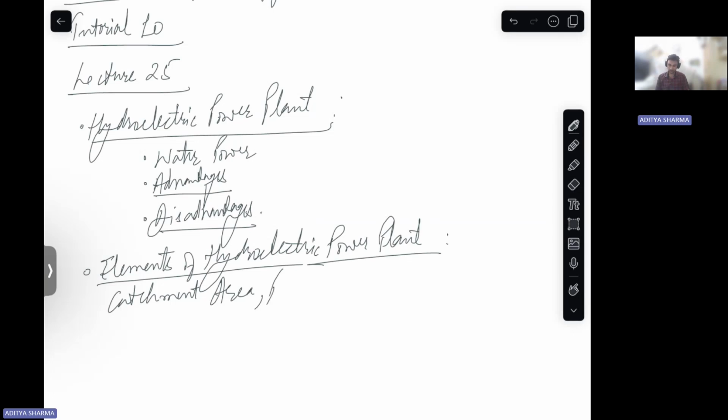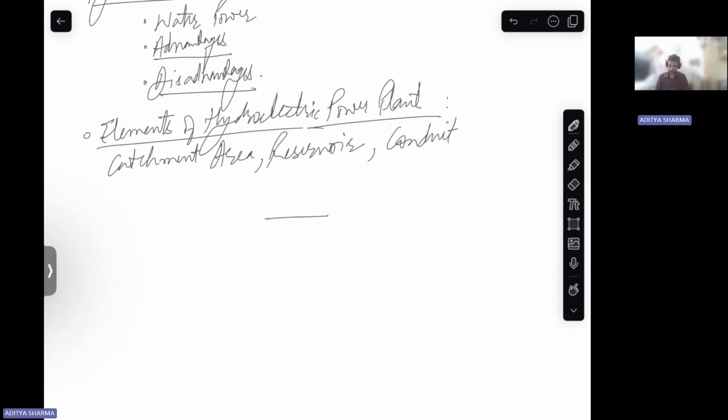Then is your reservoir. Reservoir is the water body that you get upstream of your dam when you have installed a dam. Then conduit. Conduit is used to channelize your water towards your turbine, from some height. So let's say at this height we have water, so it has to be channelized. It will be channelized this way.